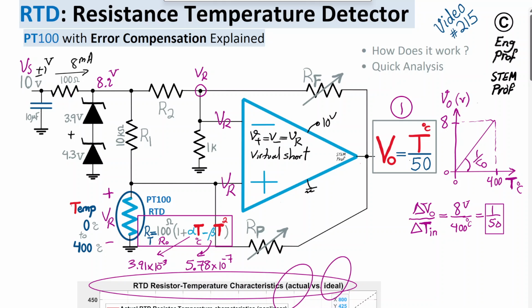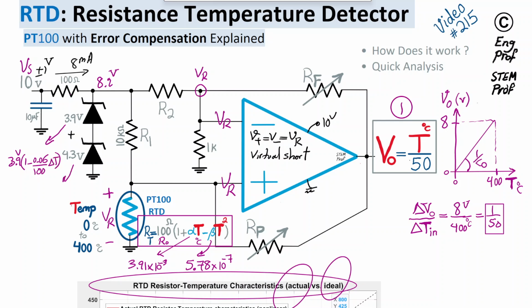If you have them in series like this, the 3.9 effectively is 3.9 times 1, and let me just make sure I have the right thing, so 3.9 times (1 minus 0.06 divided by 100 times delta T).